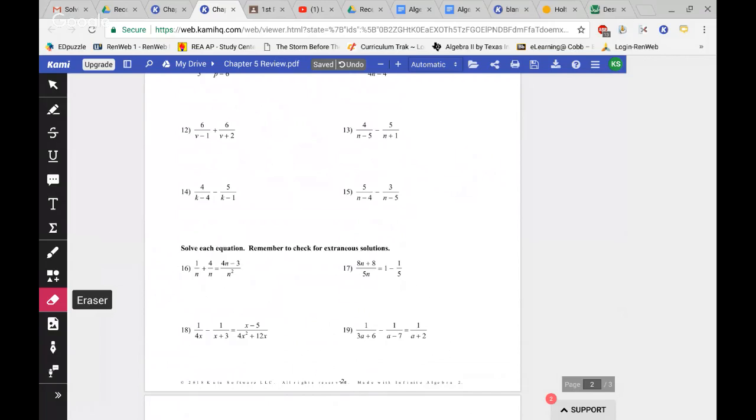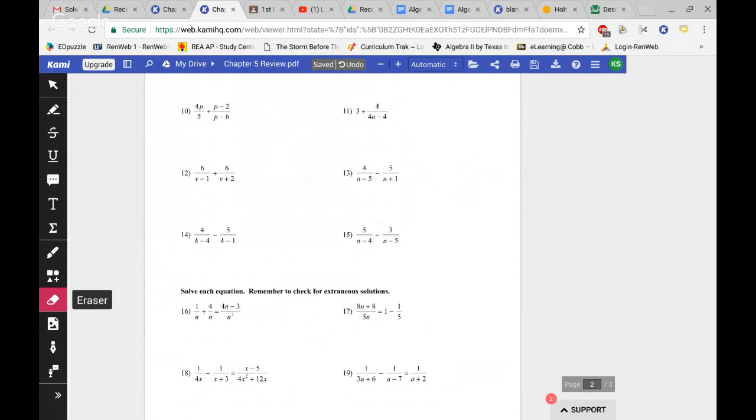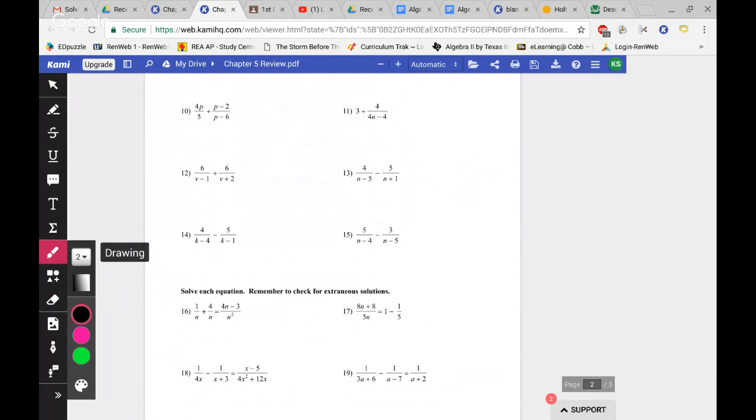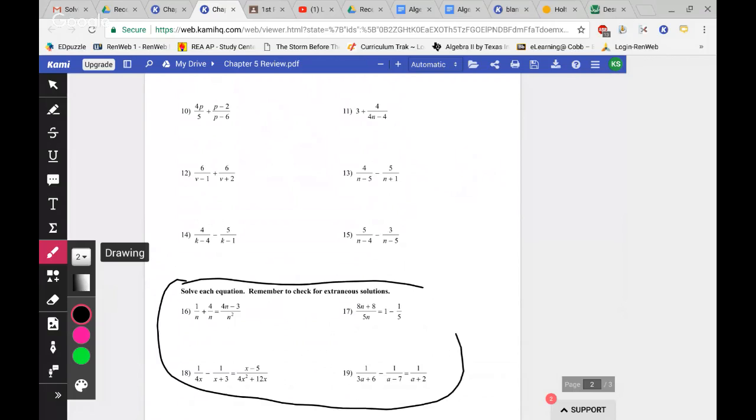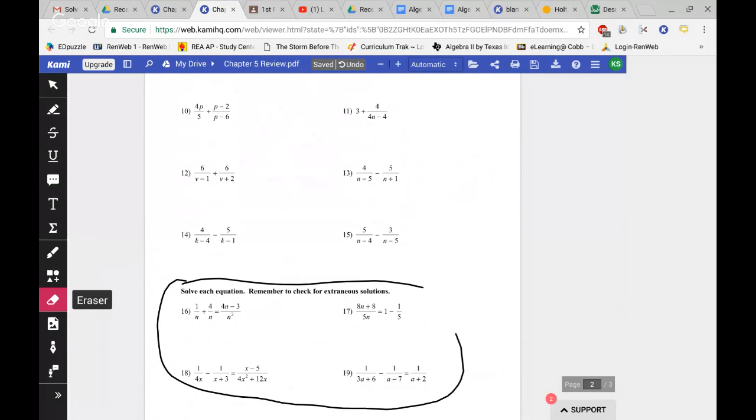All right, moving right along to number 15. Now, this is where you're getting a common denominator on these. The biggest difference between 16, 17, 18, 19, and the ones where there's no equal sign, these down here are all equations where you can actually eliminate your denominator by multiplying both sides and making it a linear expression.